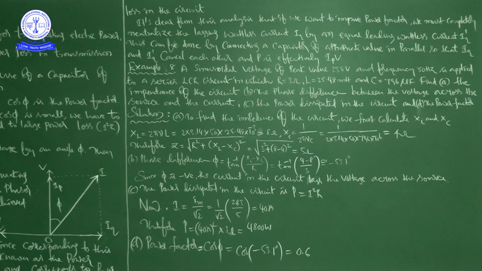So first I'll repeat the problem once again. Please keep in mind what quantities they have given, what we have to find, and what information they have given in the problem.